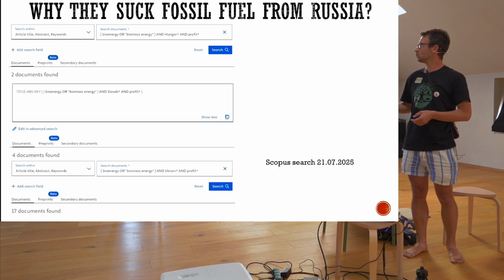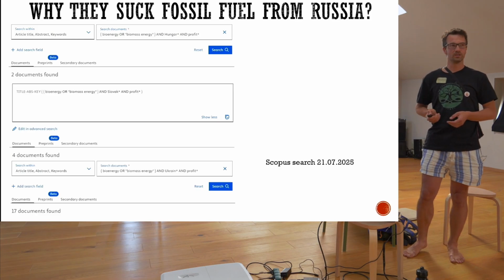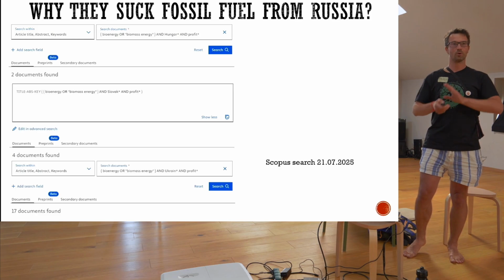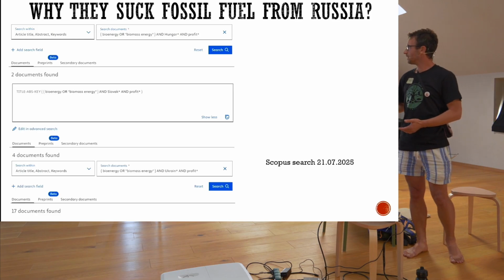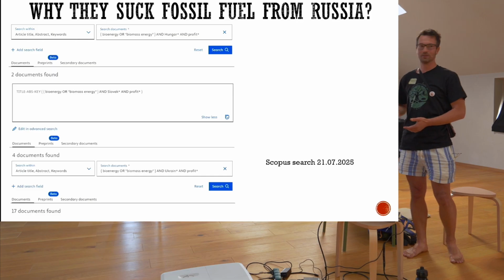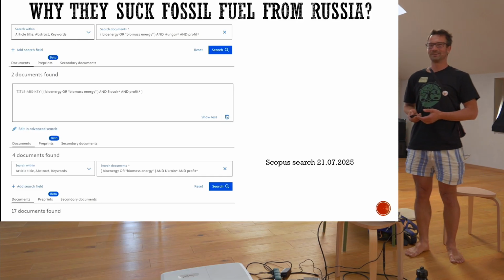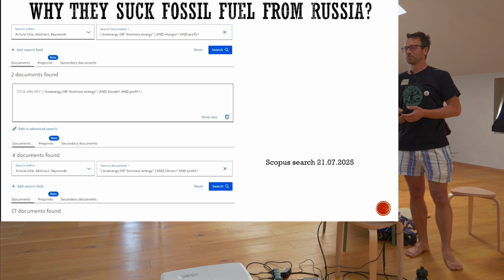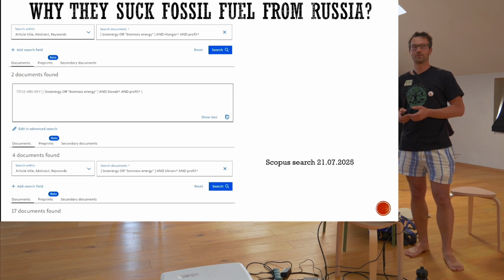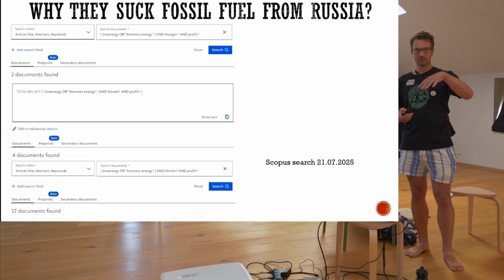Hungary has just 2 publications from Scopus from the whole studies in Hungary. Could you imagine that? Slovakia has just 4 publications, and one of those researchers is actually Ukrainian.